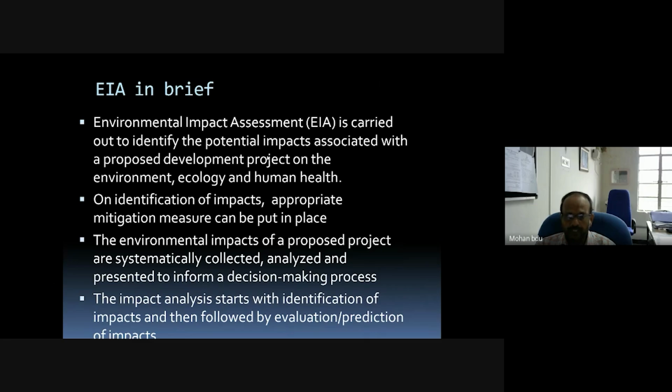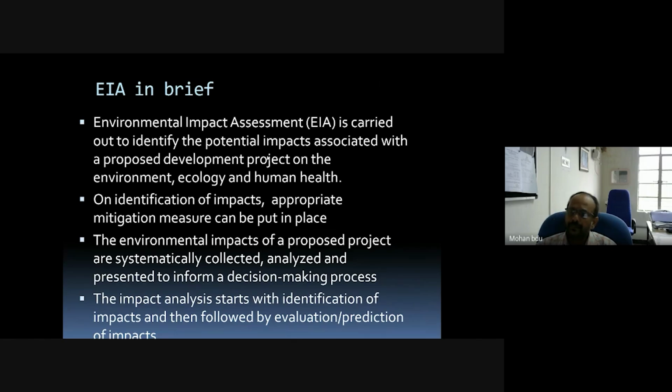During this stage, many of the attributes which represent the environment are collected as data in Excel format, and those attributes are analyzed by various software and various methods.